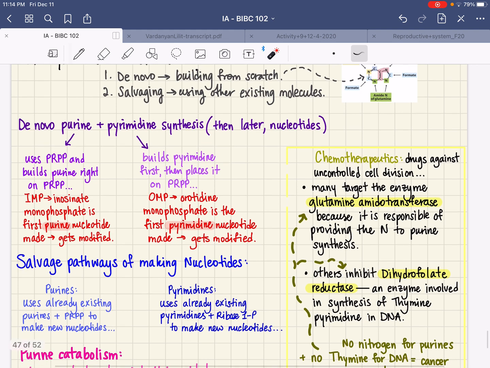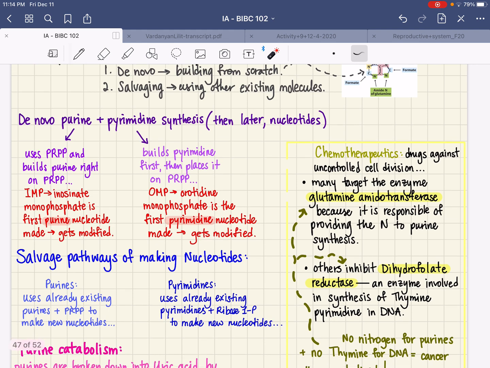Okay? And after we build the base of purine on the molecule of PRPP, after some reactions, we form IMP, which is inosinate monophosphate. And this is the first purine nucleotide. After that, it gets modified into the two other purine nucleotides, adenosine tri-di or monophosphate and guanosine tri-di or monophosphate.